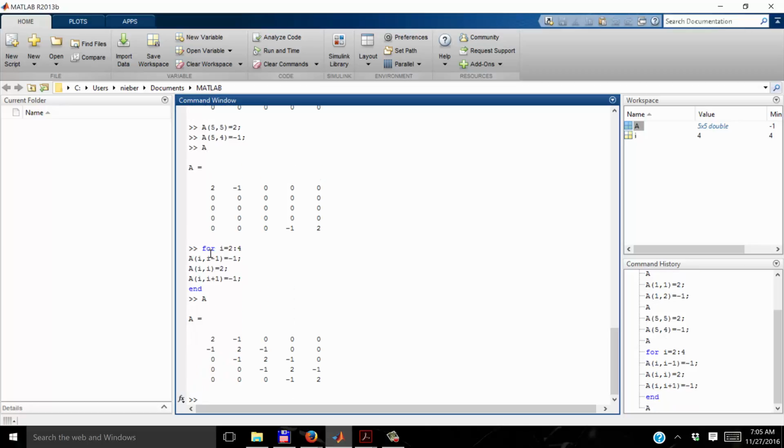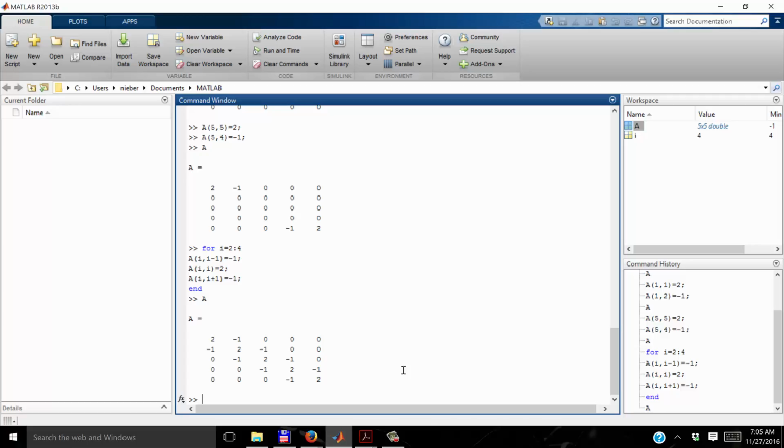Alright, so with that simple loop, I've now filled in the main diagonal with 2's, the ones that were 0 before, and the off-diagonal terms all have -1's. We had almost all 0's previously. That's my A matrix.